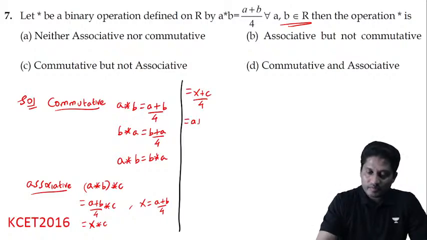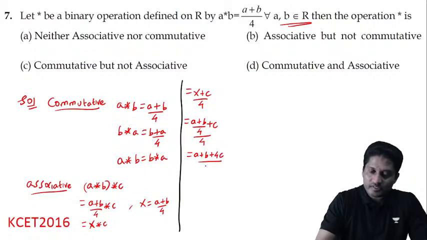The value is ((A plus B) by 4 plus C) divided by 4, equal to (A plus B plus 4C) divided by 16.